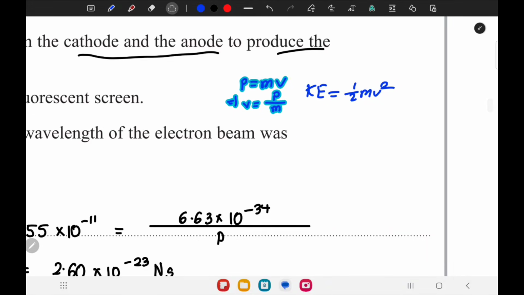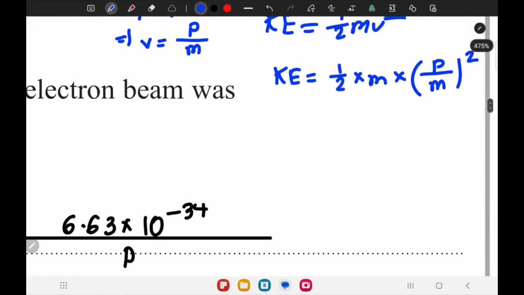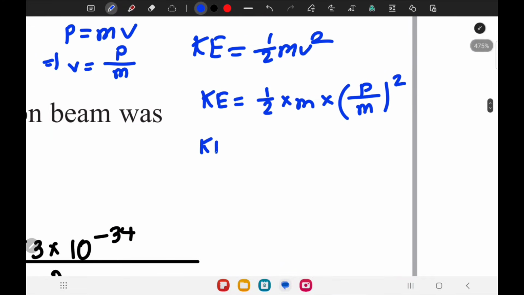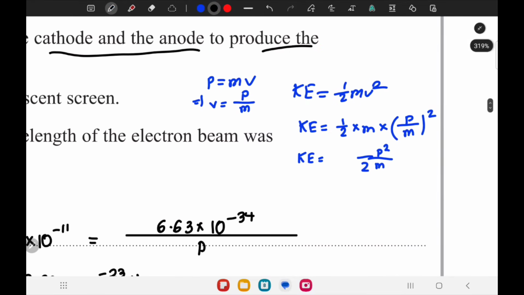If we put velocity equals momentum by mass in the formula for KE, we get KE equals half m into momentum by m, whole squared. So KE would come out to be half into m into p squared by m squared, so half into p squared by m, or p squared by twice m.